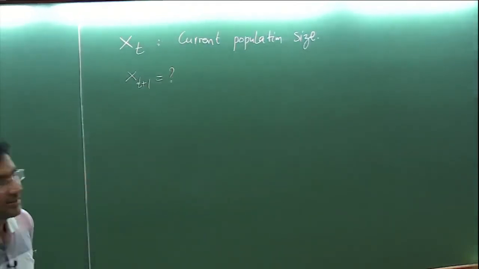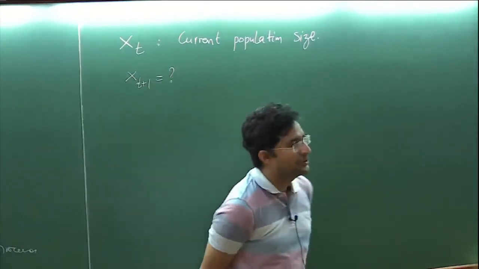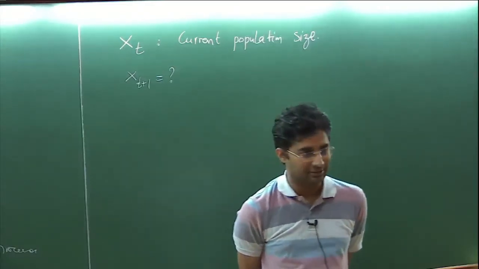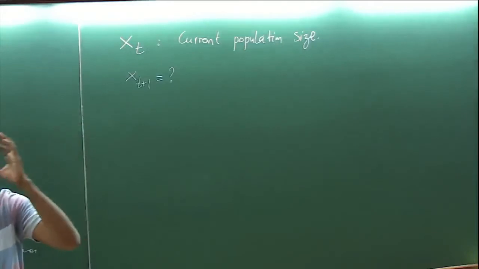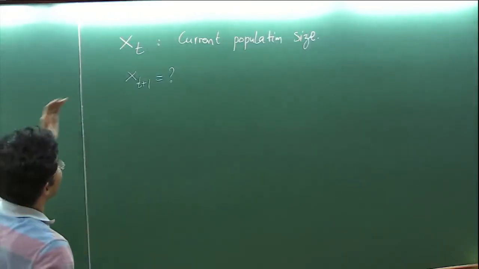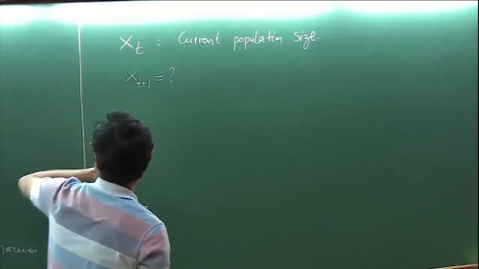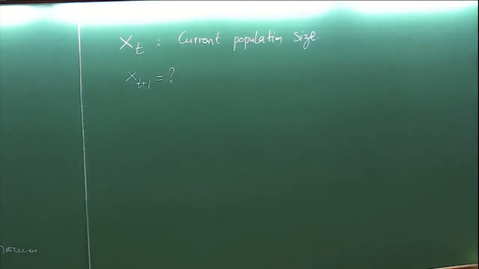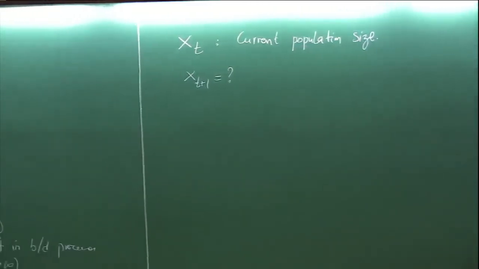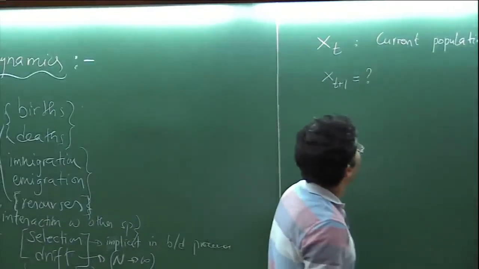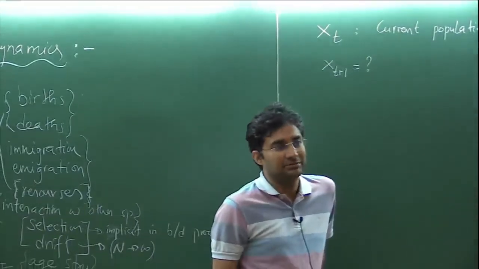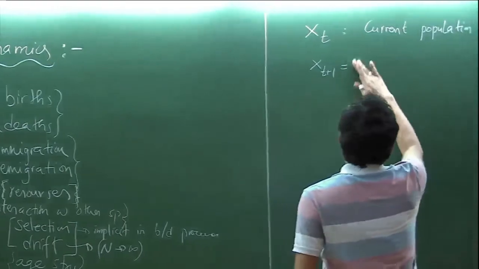What we want to know is what will be the population size in the next generation, where 1 unit corresponds to a generation. Given that there is some population present now, and we are going to account for births and deaths mediated by resource and competition, what will be the population size in the next generation? Okay. So that's our aim.